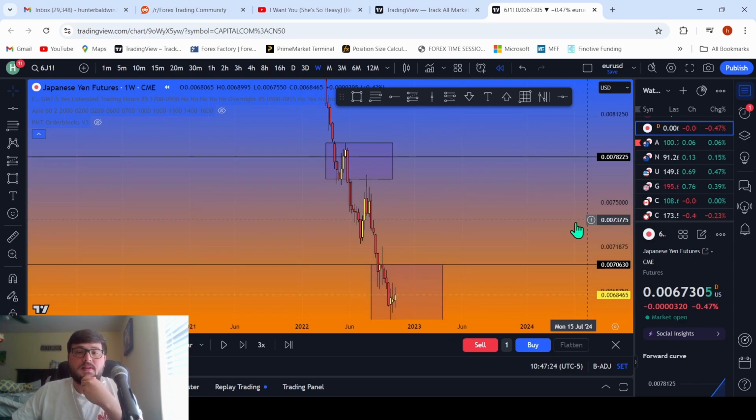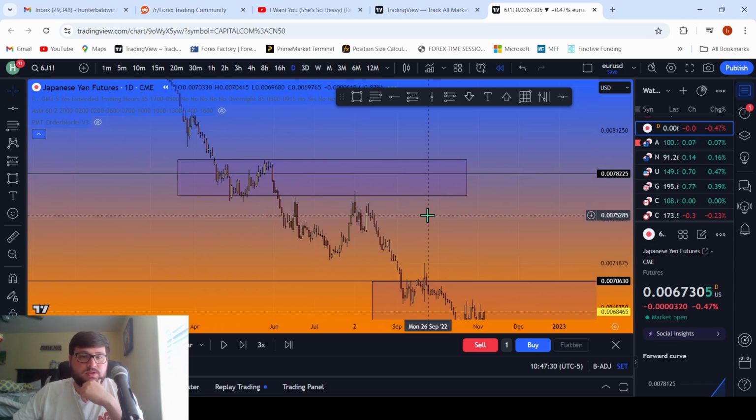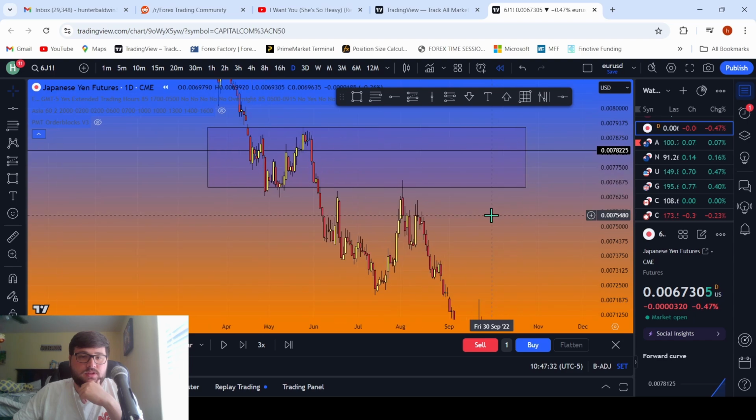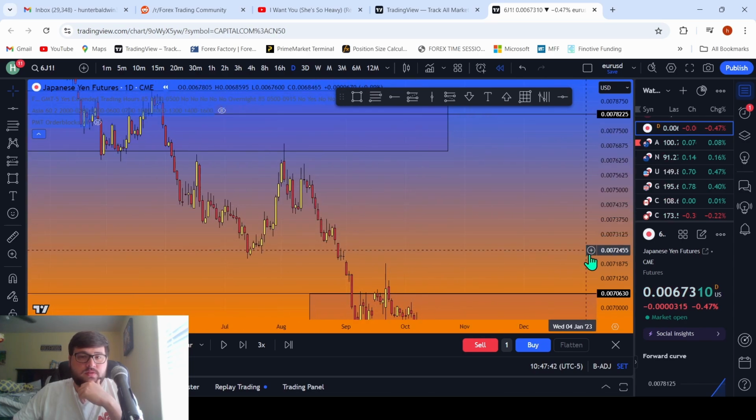So this is a perfect example of sell side supply. This is when you know, like, hey, we want to start thinking about selling. And from this area, what do you know? It touches it perfectly, taps into there, and then starts to take off.